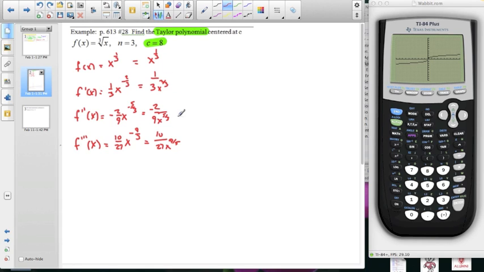When we see these expressions written, that's why we cannot approximate at 0, because these are not defined at a value of 0, since the x is in the denominator. So there are times when we just cannot do a Maclaurin approximation. We have to do a Taylor approximation.